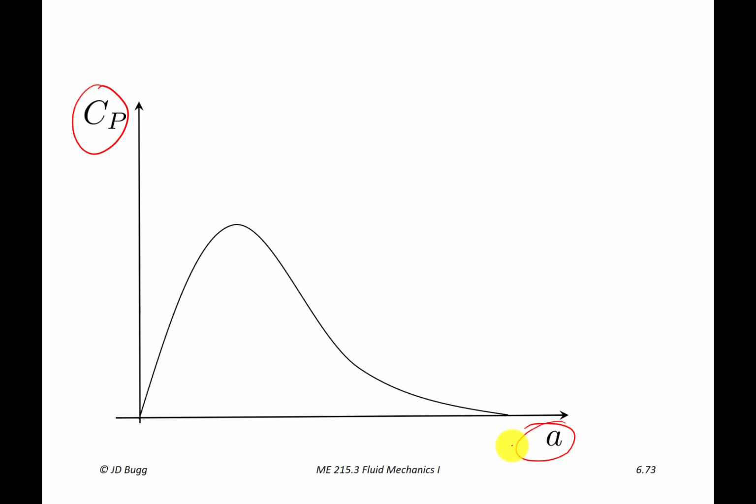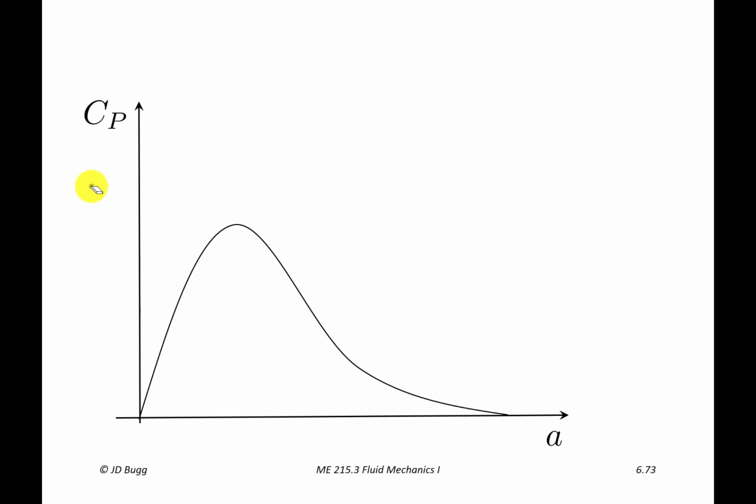Let's say the rotor plane, instead of being blades that are rotating, is just a great big solid disc. No flow through the rotor plane at all, because V2 is 0. So the mass flow rate through the rotor plane is 0, so there's no opportunity to extract any energy. So this extreme also doesn't produce any energy. So in between those, there is energy production, and CP is bigger than 0.